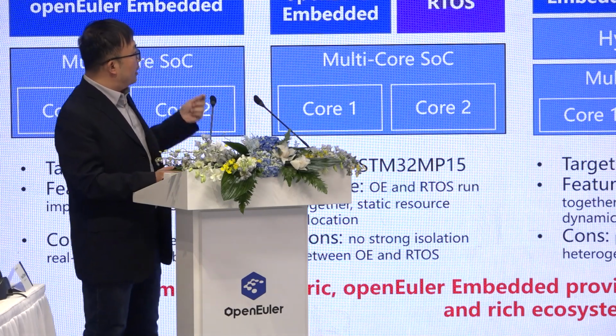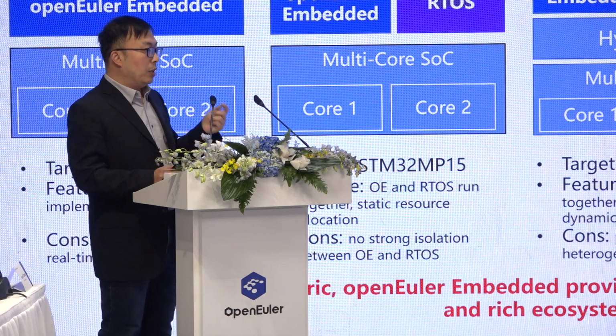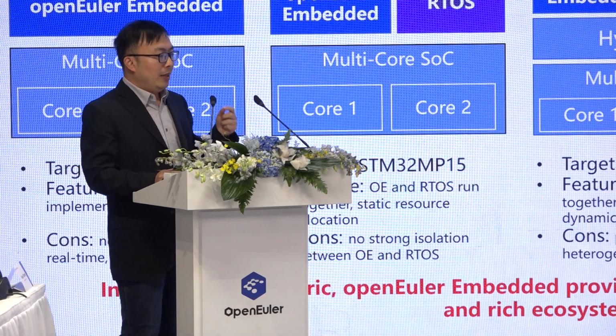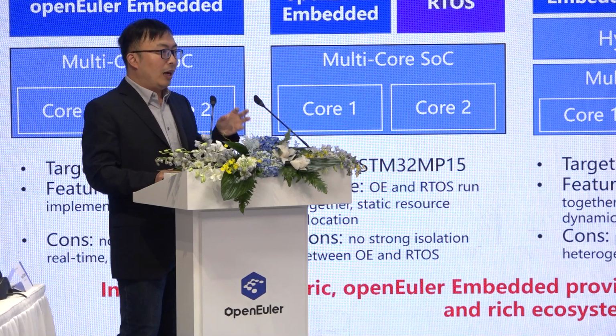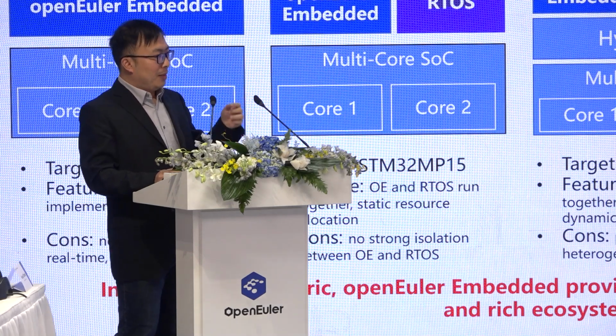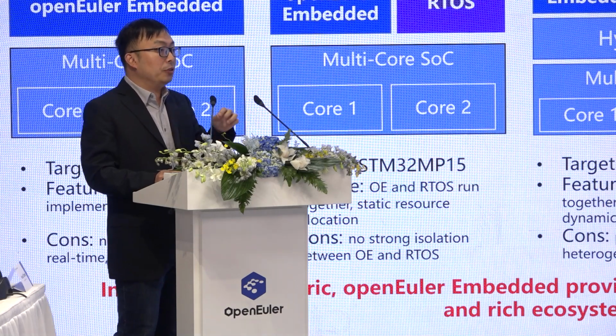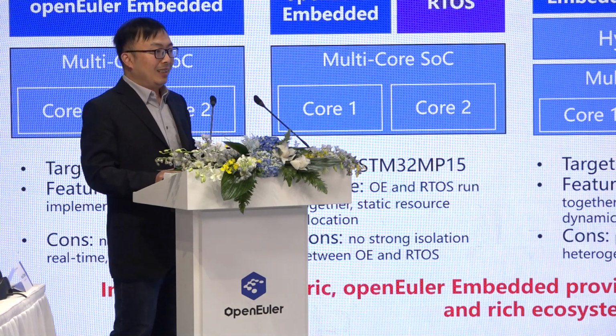The AMP model is more suitable for heterogeneous hardware. The virtualization model is more suitable for homogeneous hardware, but with hardware virtualization support. And the fusion model is the most complex one, and I think it represents a trend in the future. It has everything, right?